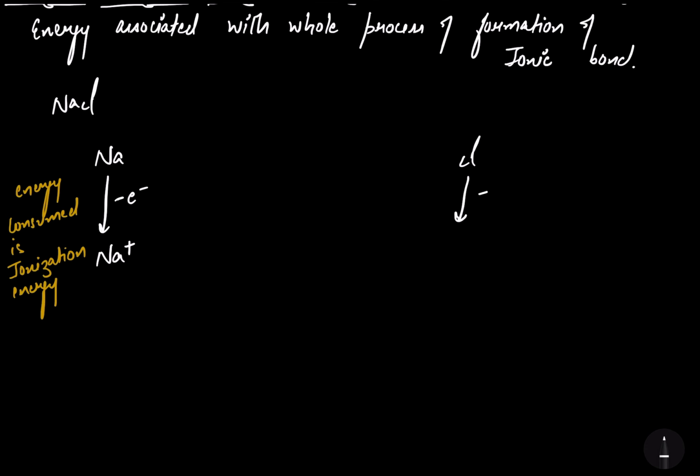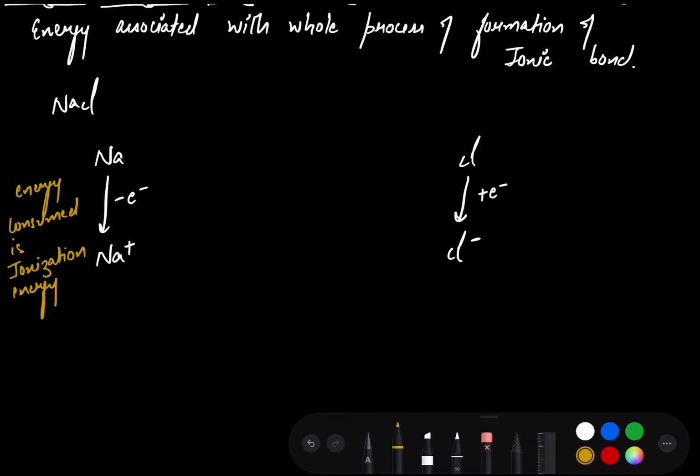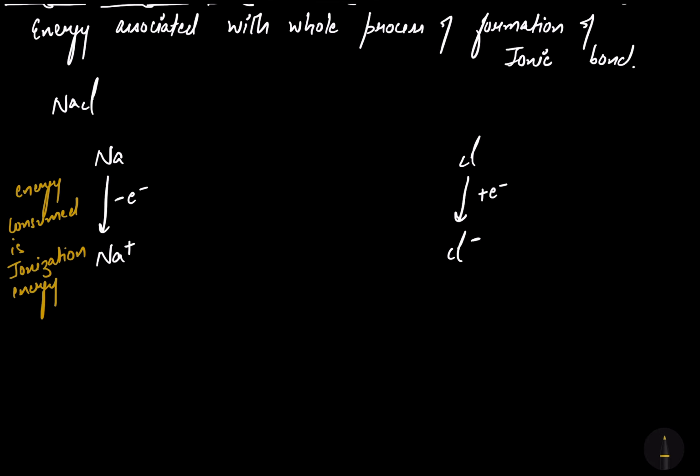Now let's talk about the chlorine. Chlorine will readily gain electron. Its whole electronic configuration is given in the previous lecture video. Please do have a look at the previous lecture video to understand this point. As a chlorine, it will readily gain electron to form the Cl negative, the chloride ion. As it's a gain of electron, it's the electron gain enthalpy, and energy is always liberated.